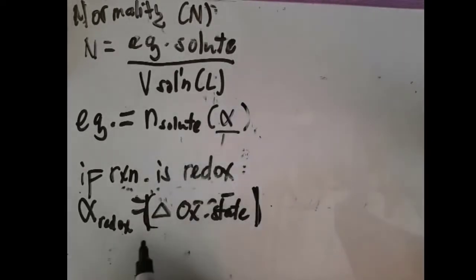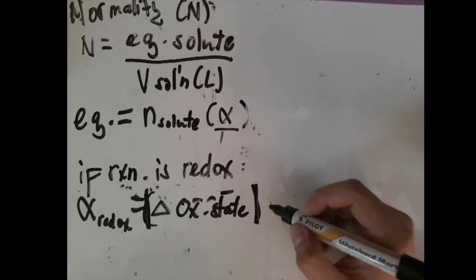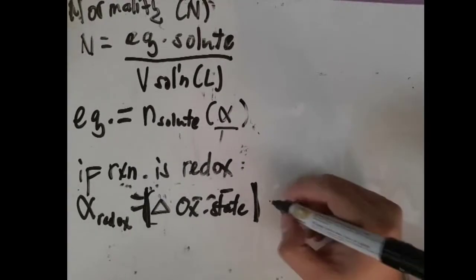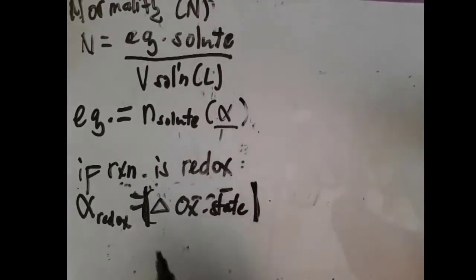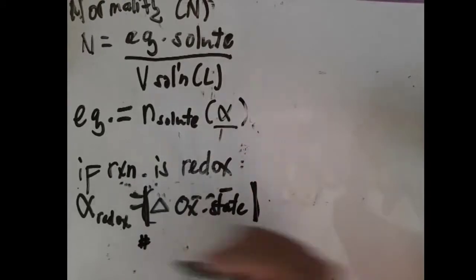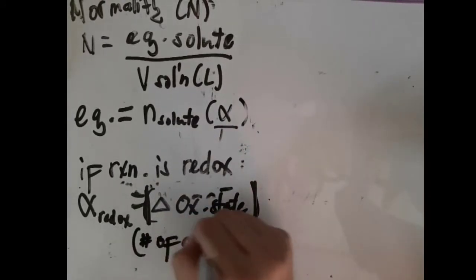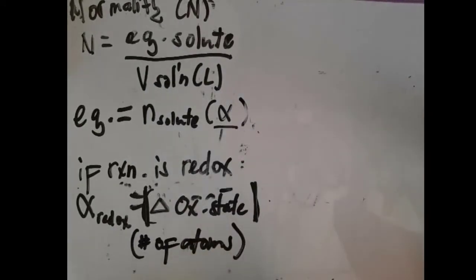So let's put these absolute value bars here to indicate that we're only looking for the positive value of the change of the oxidation state, multiplied by the number of atoms that underwent the change in oxidation state.